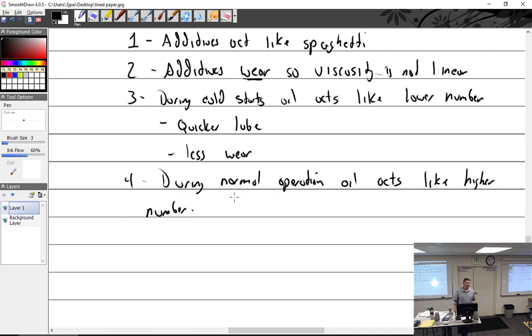But the thing you have to realize is that to a certain extent, you can't continue to adjust it. In other words, take your engine, or any engine, you start it up and it's really cold and all the parts are tight. If I adjust my pressure regulator to give me, let's say, 80 psi, it's adjusted for 80 psi.